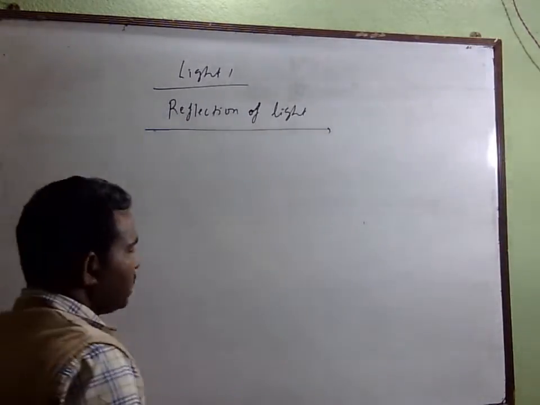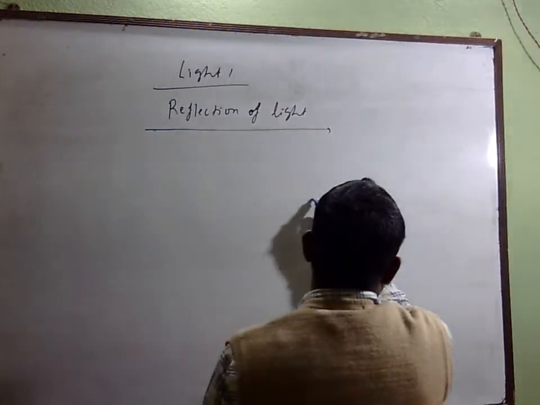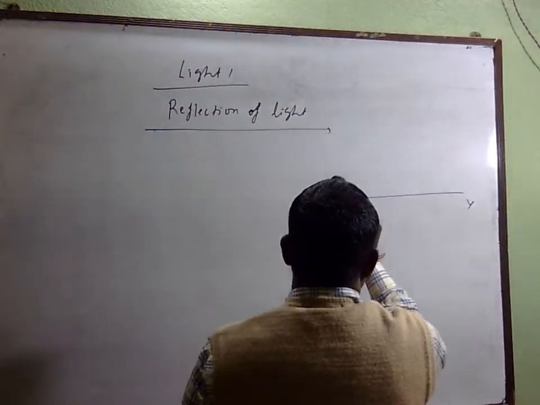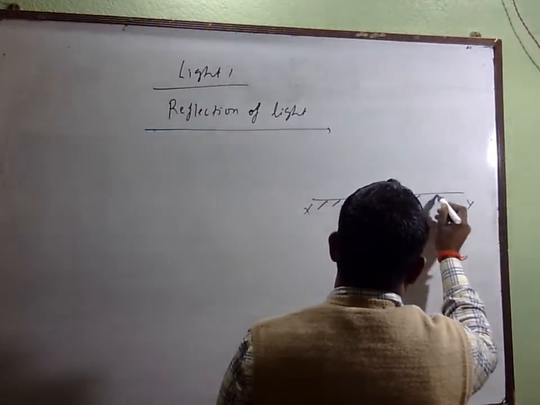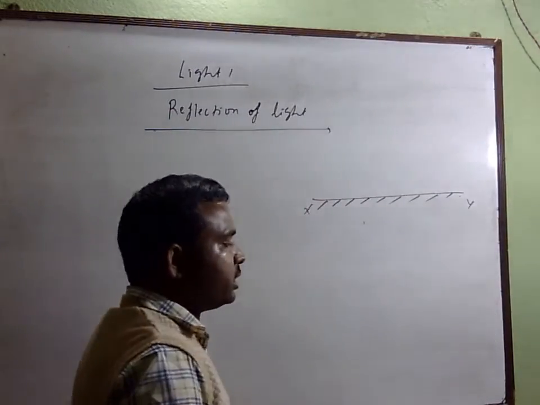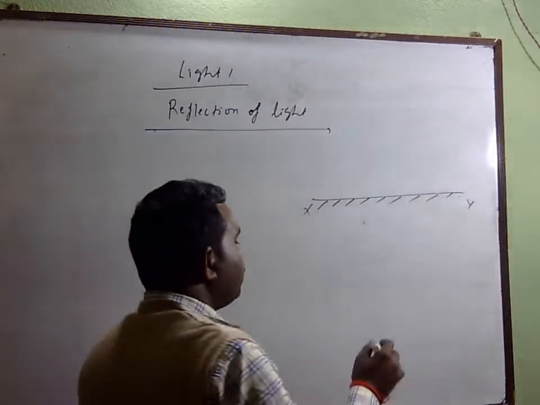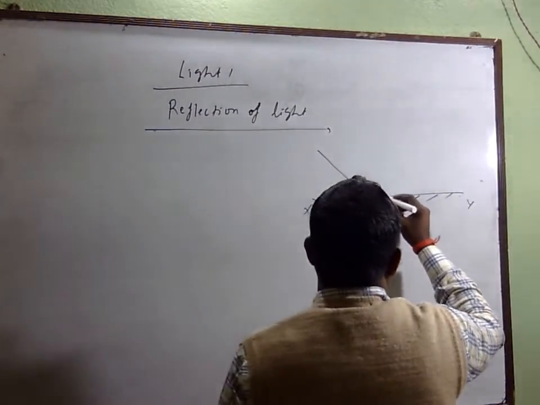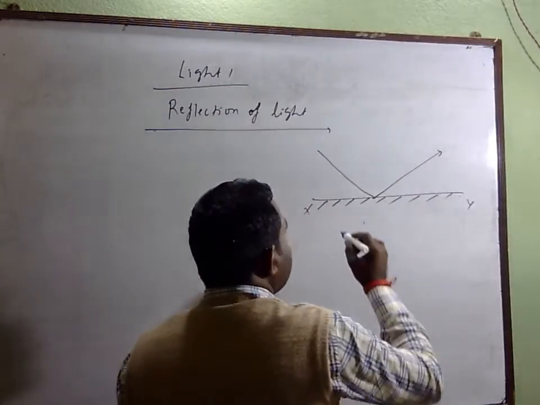Just like suppose that I have a mirror. This is the mirror. We can put here X and Y, and this side is the color, and outside is the polished. Whenever the ray of light falls, it can bounce back like that.